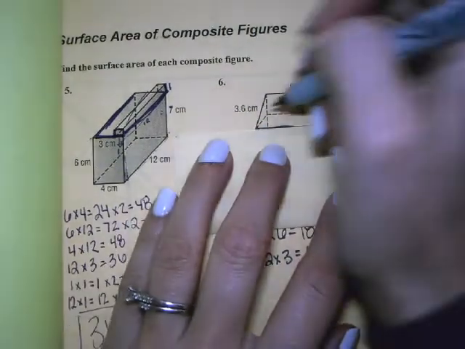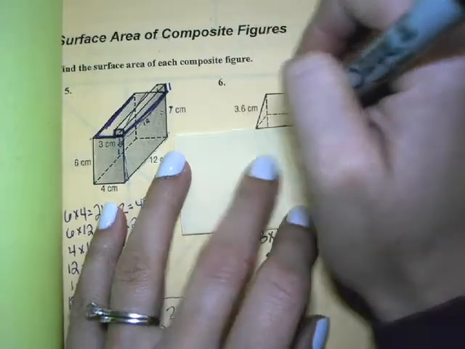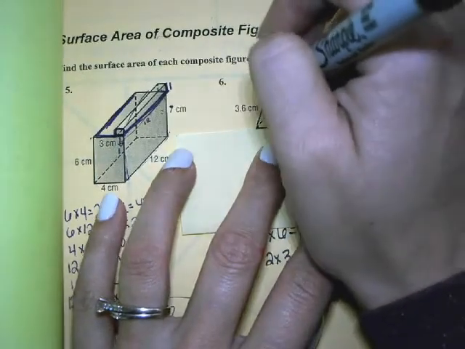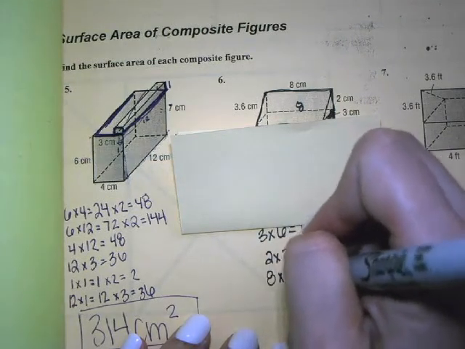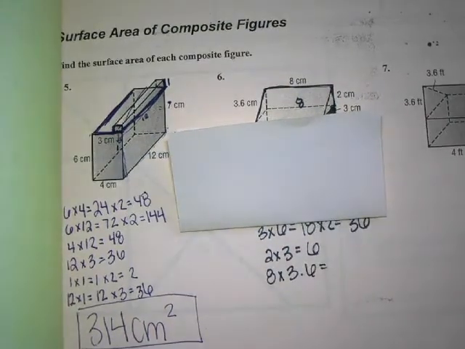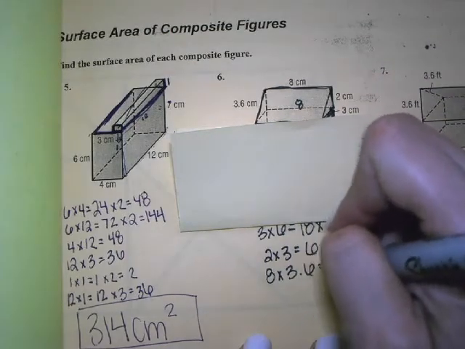So if I want to find the area of the one on the top, what do I multiply together? 8 times 3.6. You're probably going to need your calculator for that one. What is it? 28.8.